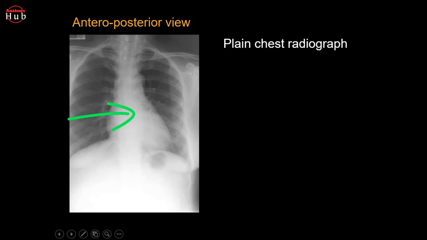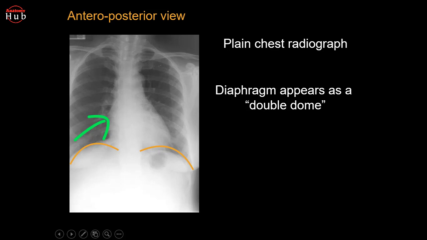and the apex of the heart is over here, and here you will find the superior mediastinum, and here the right atrium. This heart is covered by the pericardium, and that pericardium is attached to the diaphragm. In this golden line you can see the dome of the diaphragm.